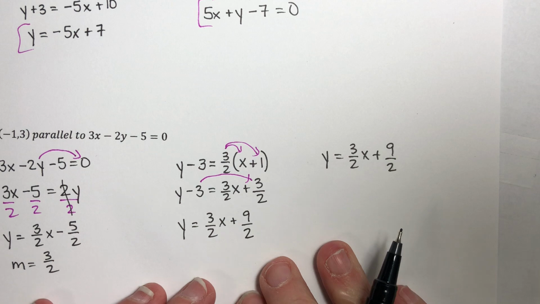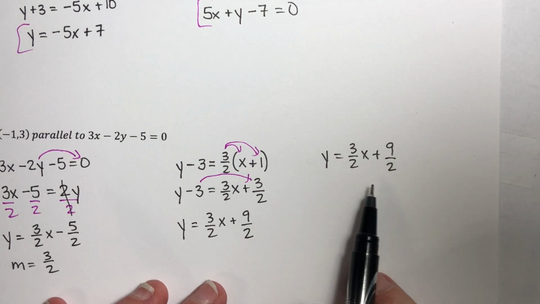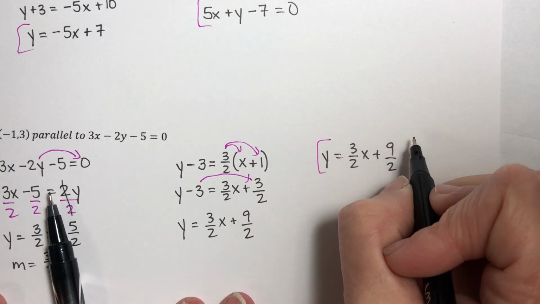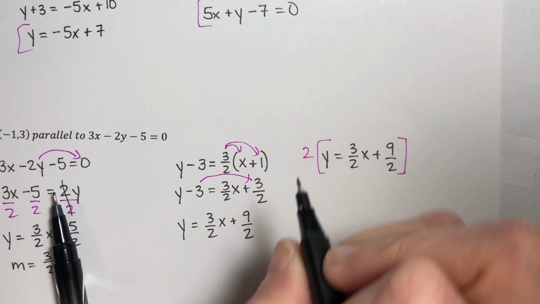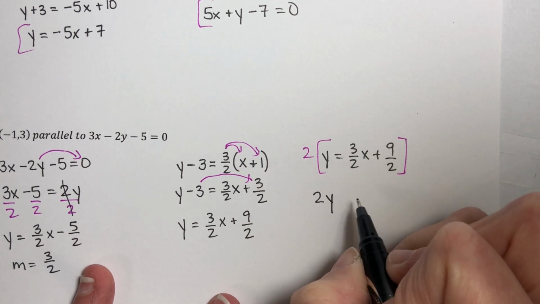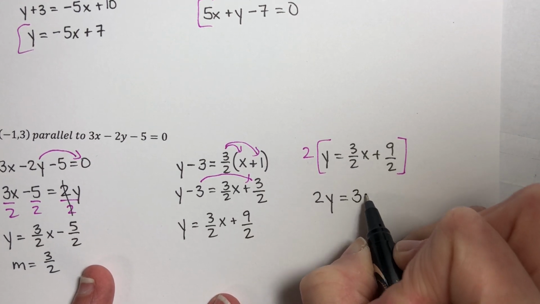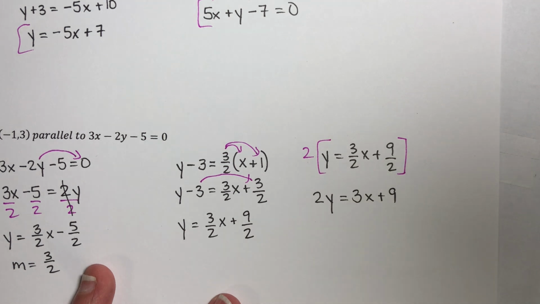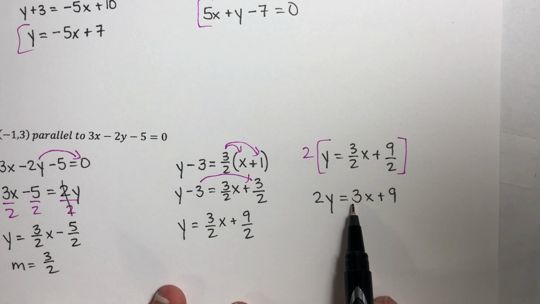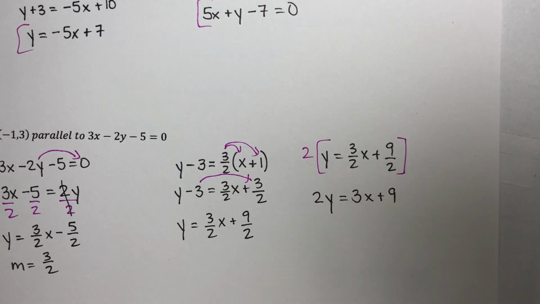Okay, and one thing I know is that I'm not allowed to have fractions. So my common denominator here is a 2. I'm going to multiply absolutely everything here by a 2. And that gives me 2y is equal to 3x plus 9. Now we want everything on the same side, and we want our x coefficient to be positive.